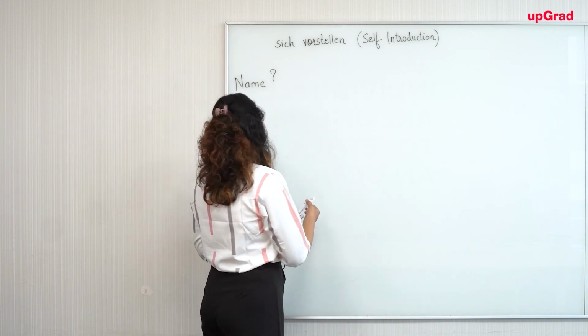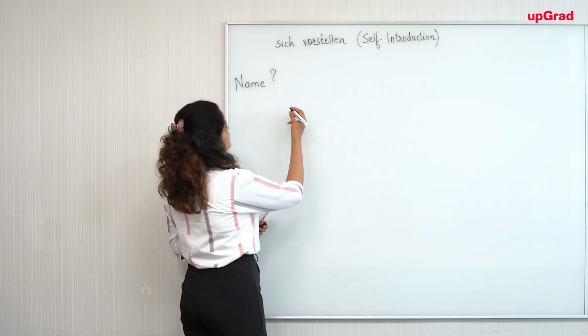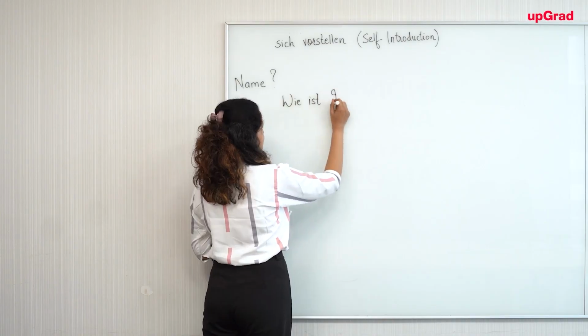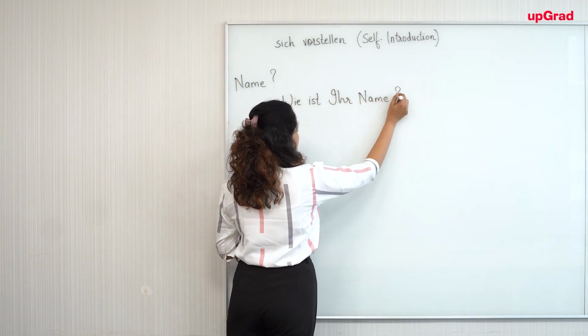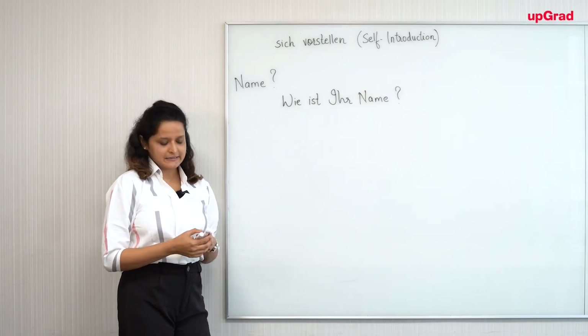So the first variation that we do here is the formal variation, Wie ist Ihr Name. Okay. So this is a formal variation in which you ask somebody their name.